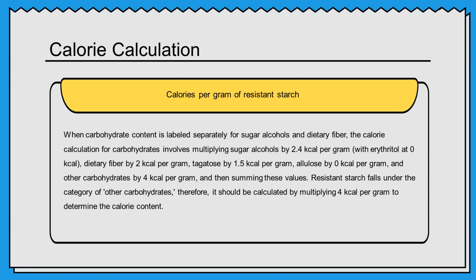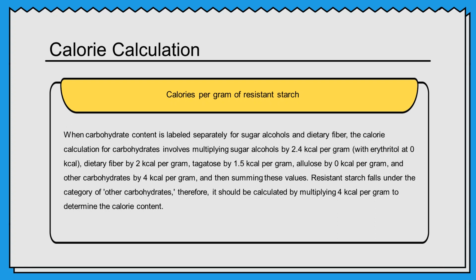When carbohydrate content is labeled separately for sugar alcohols and dietary fiber, the calorie content of carbohydrates is calculated by summing the calorie content of sugar alcohols and dietary fiber. For sugar alcohols, the calorie content is calculated using 2.4 kilocalories per gram of sugar alcohol. And for dietary fiber, the calorie content is calculated using 2 kilocalories per gram of dietary fiber.